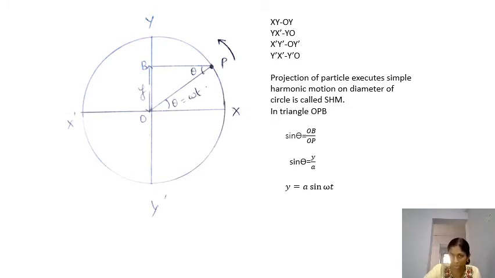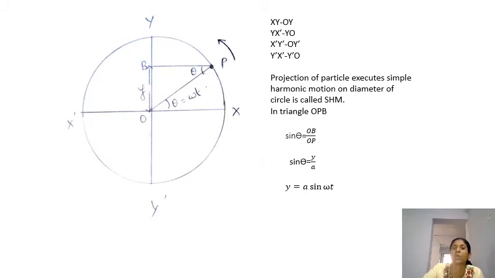The projection on the axis moves from O to Y and Y to O, again O to Y dash and Y dash to O. The projection executes a simple harmonic motion on the diameter of the circle. So the projection of a particle executing uniform circular motion on the diameter of the circle is called simple harmonic motion.